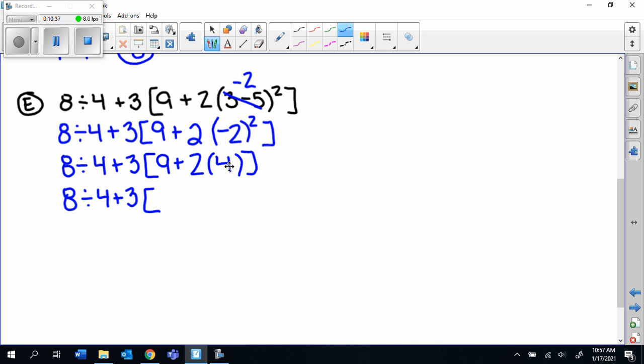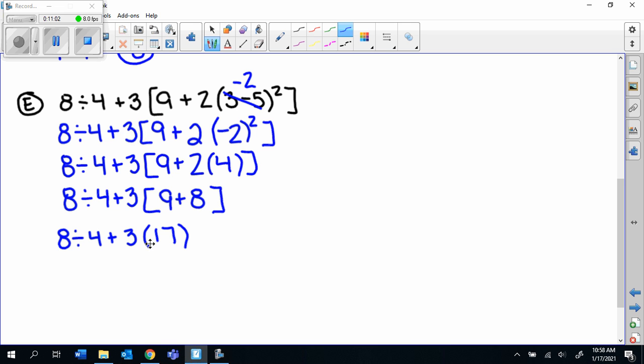So inside this bracket still, I need to do the multiply before I add. So 2 times 4 is 8. Nine plus 8 is 17. And now I am ready. Now I've got everything down to either divide, multiply, or addition.